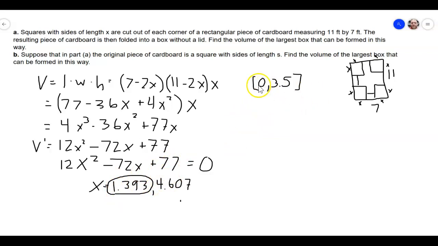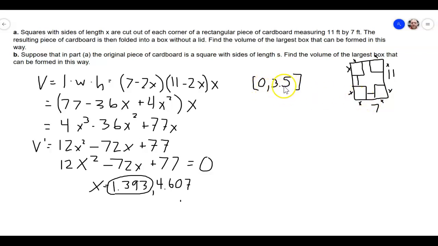Now, in this case, if our x value is 0, that's really not going to make sense, right? Because now we're not even going to be able to fold the box at all, because we're going to have a 0 height of this box. And if we let the x value be 3.5, then the width here is going to be 0. So then the length times width times height with a 0 there is also going to give us a 0 volume.